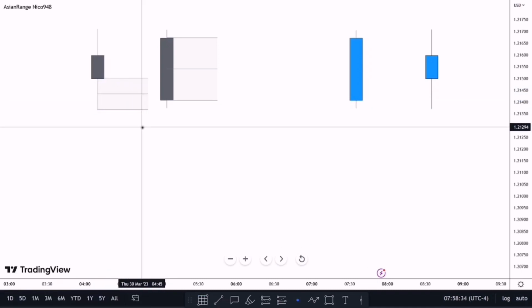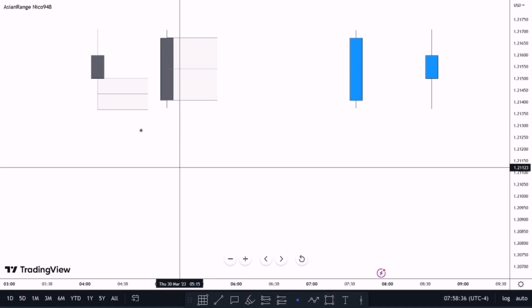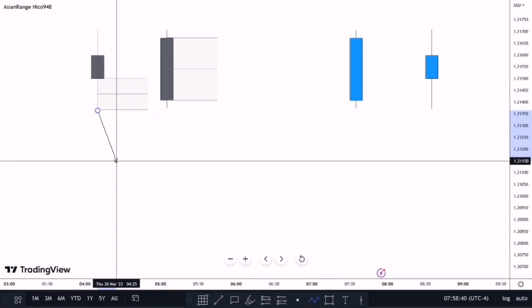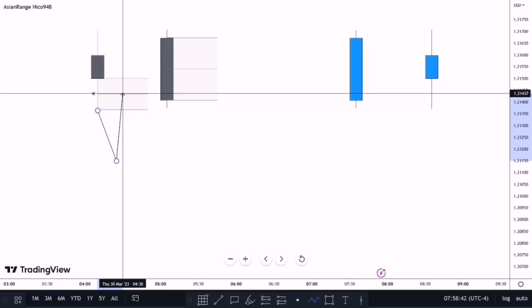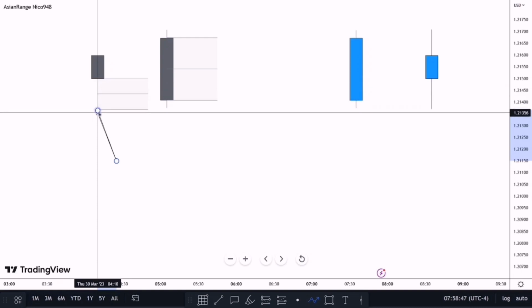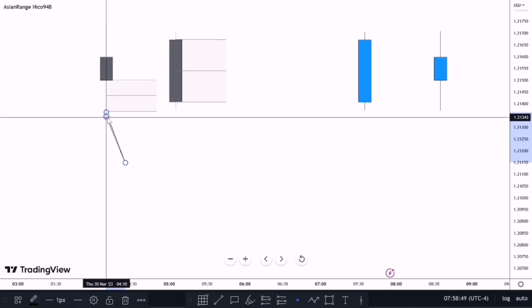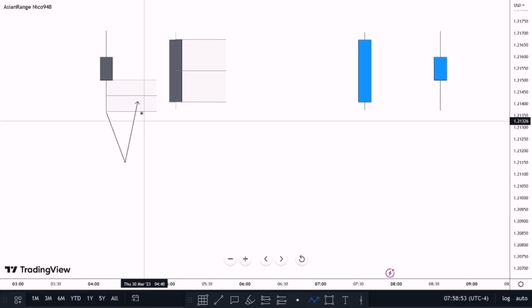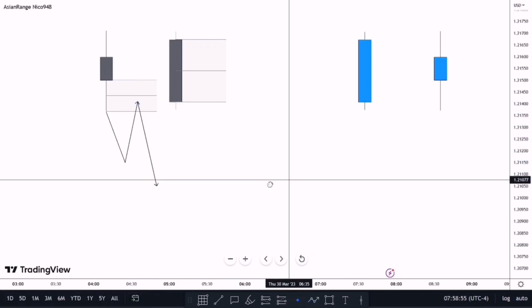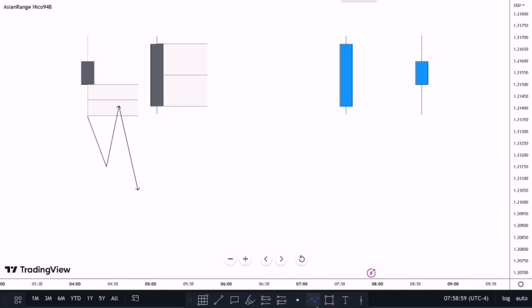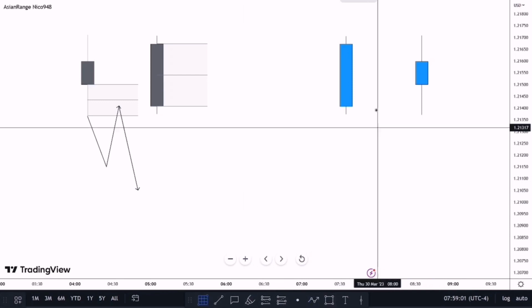Same scenario, we look for price to come down, hit the 50% level between the low of the body and the low of the wick, and then from there a continuation to the downside. I am going to take this to the charts and show you a better example.